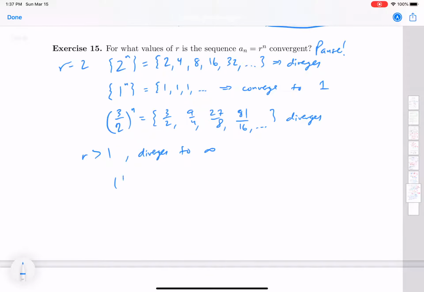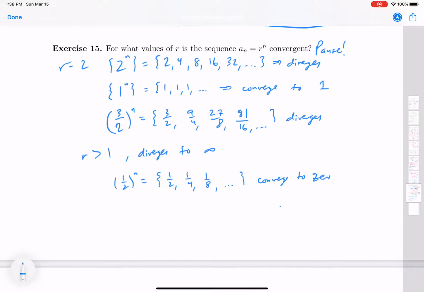Now, how about for things that are less than 1? So suppose I did 1/2. Well, that's going to give me 1/2, then 1/4, then 1/8, because this is 1/2 times 1/2, 1/2 cubed. That's just going to keep getting smaller and smaller, and it's going to converge to 0.